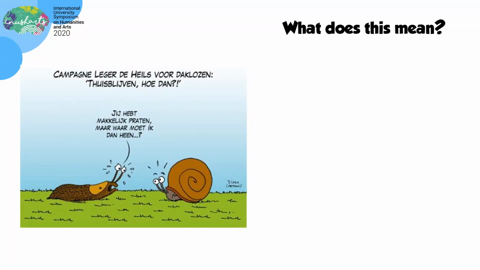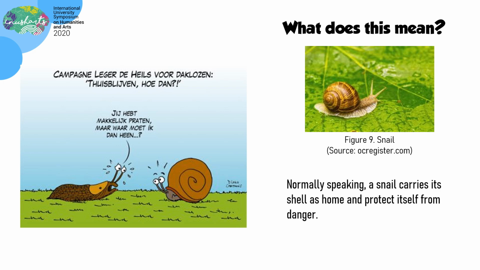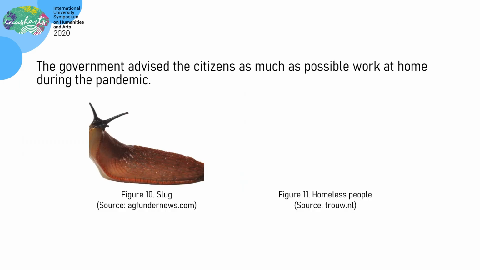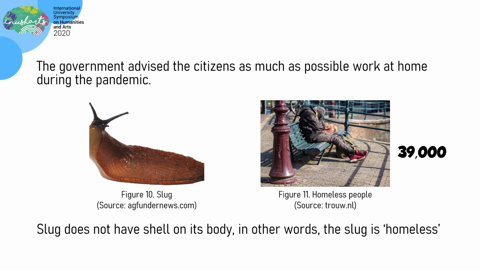During the outbreak, the government advised citizens as much as possible to work at home. The issue begins here. Not everyone has a place to live or residence. Some of the Dutch citizens are homeless. According to CBS, the total number of homeless people in the Netherlands by the year 2018 reached 39,000.